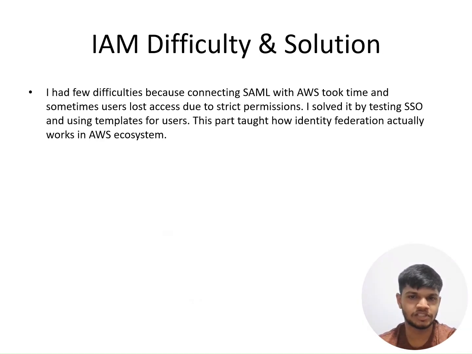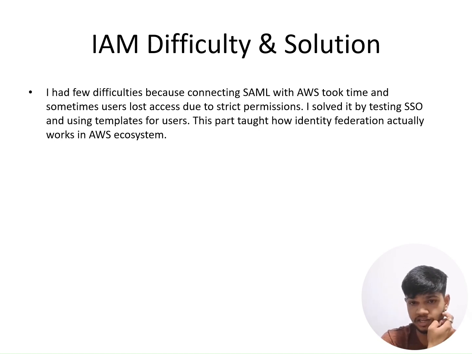The challenges which I faced during the implementation of IAM: I mainly faced issues while integrating SAML based authentication for single sign-on. At times, users were locked out because of overly strict permissions.